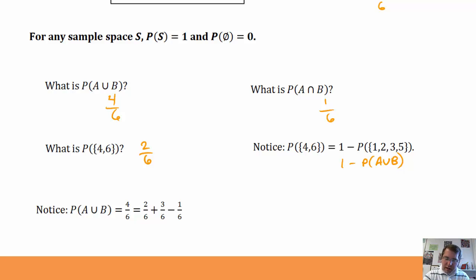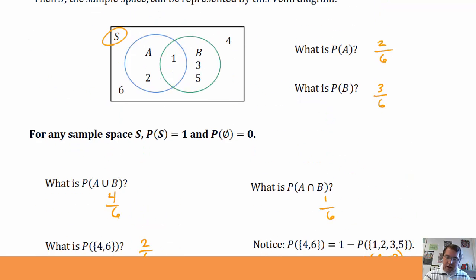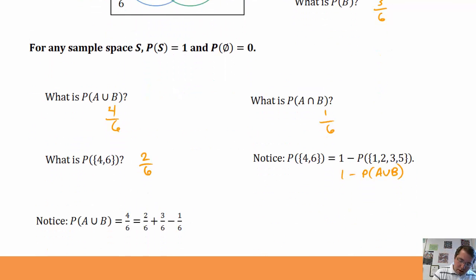Because 2 over 6 is the probability of A, 3 over 6 is the probability of B, and 1 over 6 is the probability of A intersect B. So what we've said is the probability of A union B is equal to the probability of A plus the probability of B minus the probability of A intersect B. Which makes sense because A intersect B is being counted twice, in A and in B.